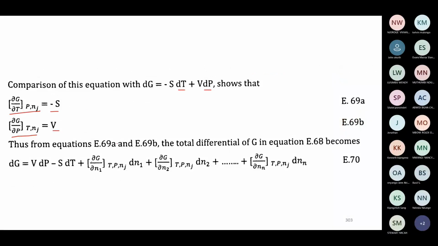This particular coefficient here is called mu1, and then this one is going to be called mu2, and so on and so forth.